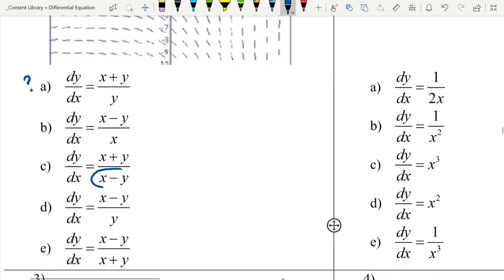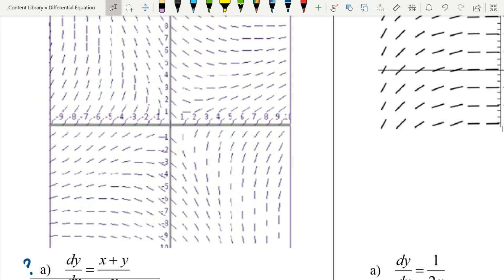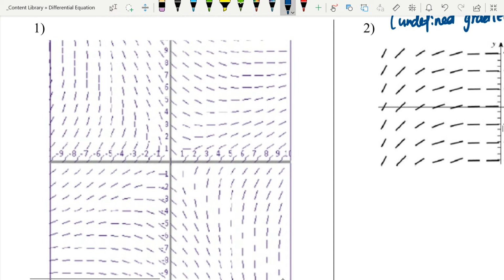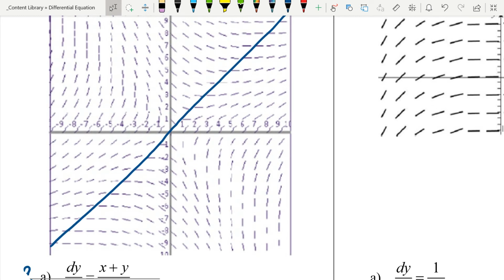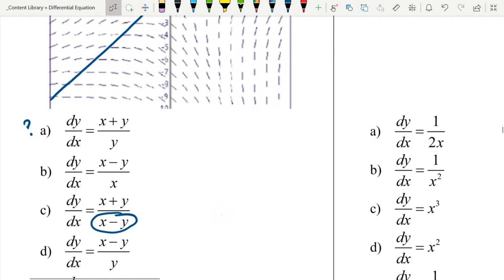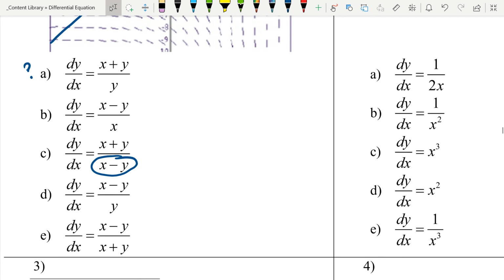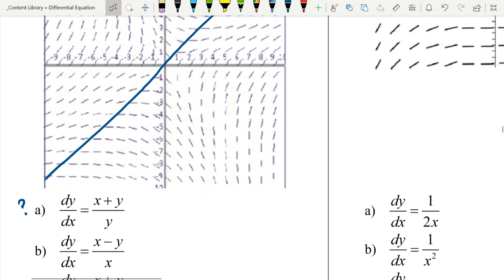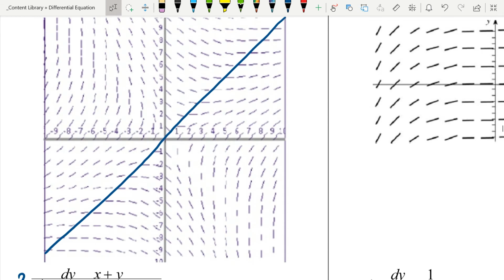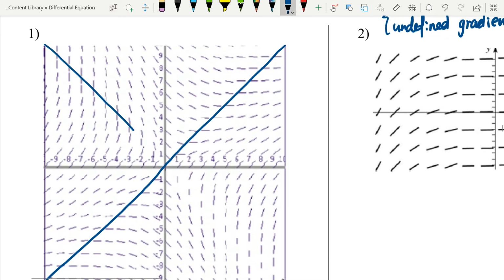What will be undefined on C? When x equals to y, right? But when x equals to y, which line is it? It's this line, right? What do you realize when x equals to y? It's 0, right? And the other one will be x equals to negative y, which will be the other line here. That looks undefined.